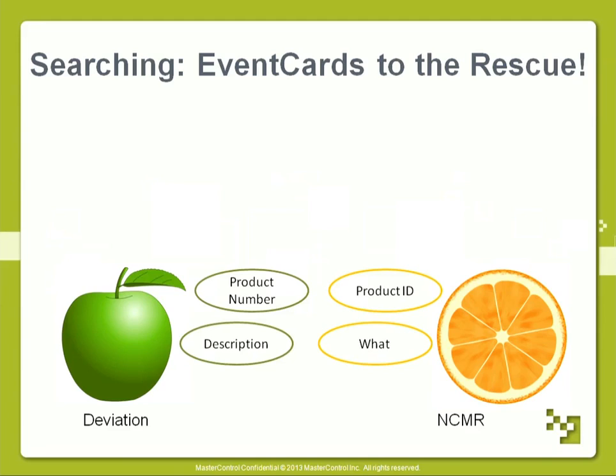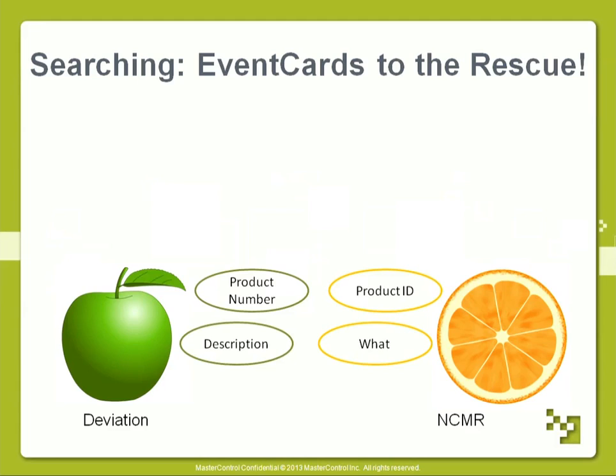So if you're searching based on your form fields, you'll have to do complex and wacky and/or statements. Even a field like product might not match, depending on who developed your forms: we call it product number, product ID, product. So it's very difficult to get a single search to bring all your results back.